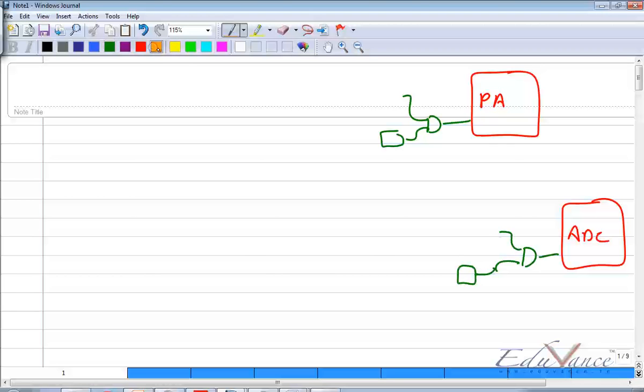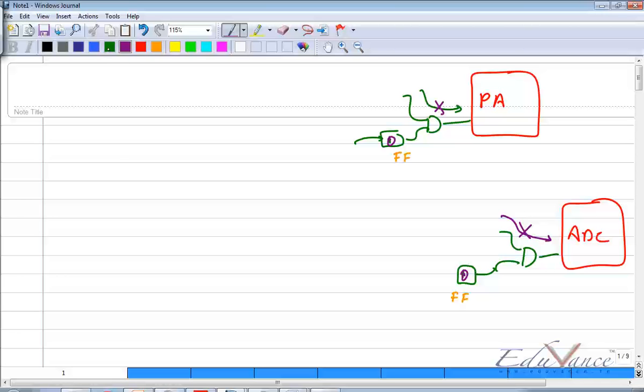Now I have a flip-flop here and a flip-flop here, such that if I store a value 1 here, then clock can go through. Similarly, if I store a value 1 here, the clock can go through. And if I store 0, then no clock. If I store 0, then no clock.